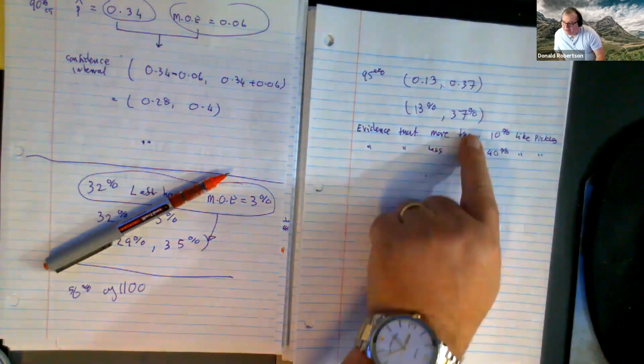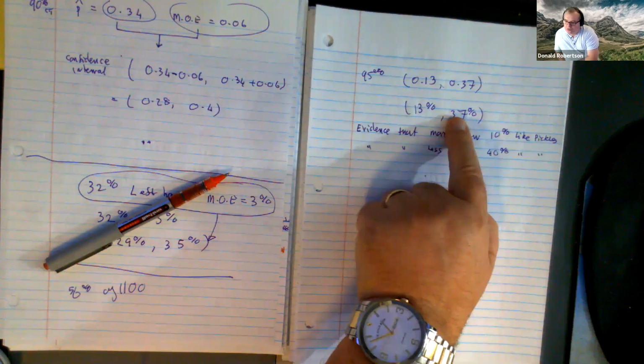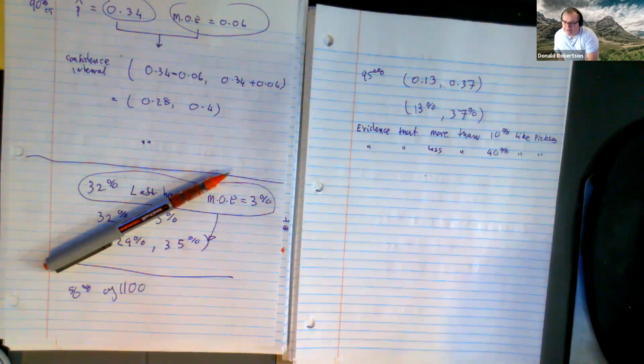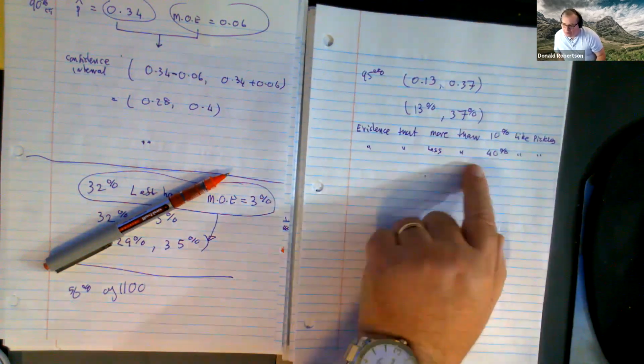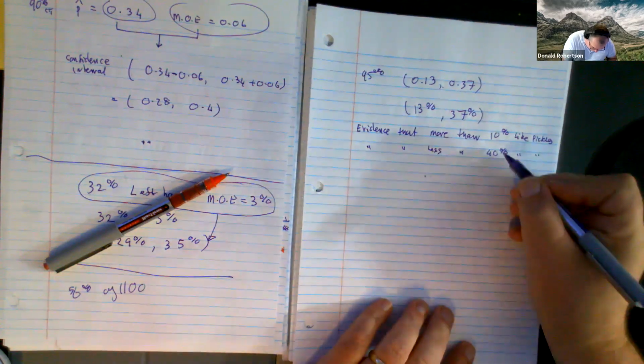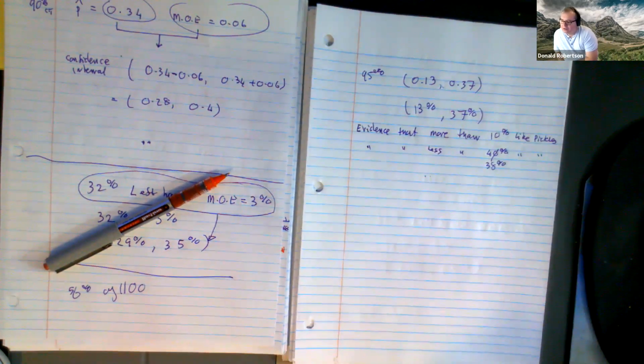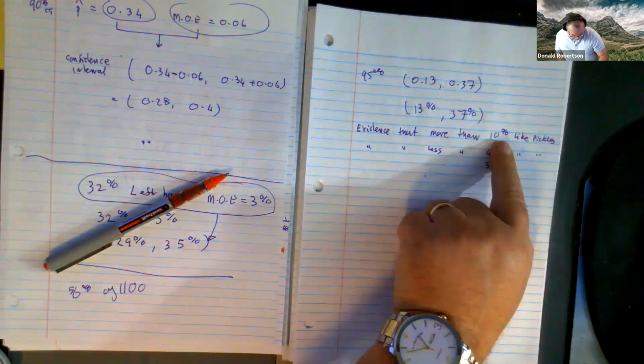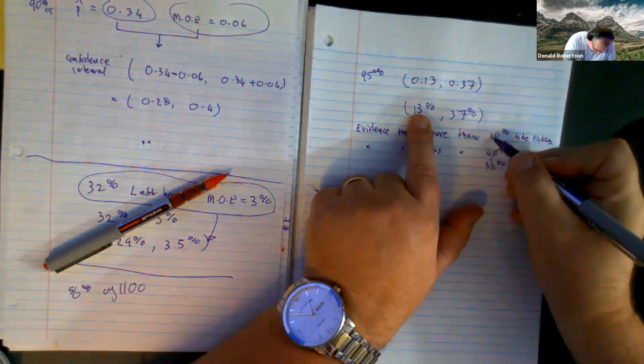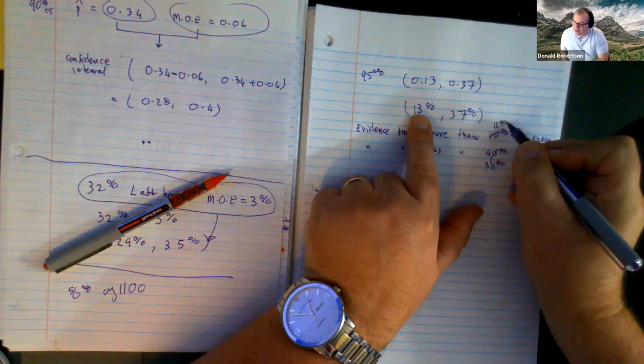Would you agree? All of these numbers are also less than 40%. There's nothing magic about 40%. Couldn't I have said 38% and it'd still be true? And there's nothing magic about 10%. Couldn't I have made that 11% and it still would be true?